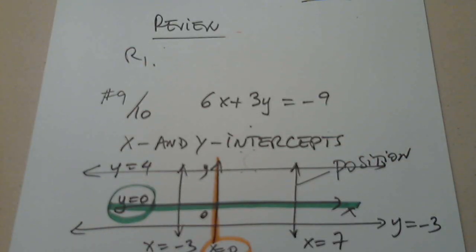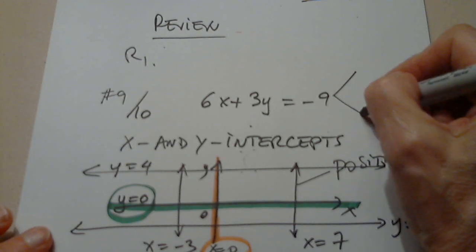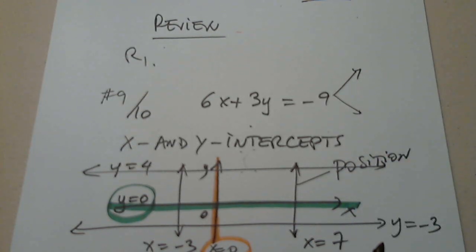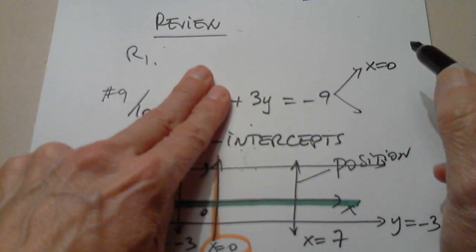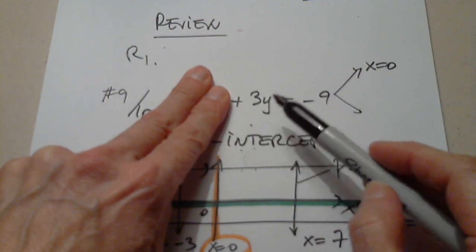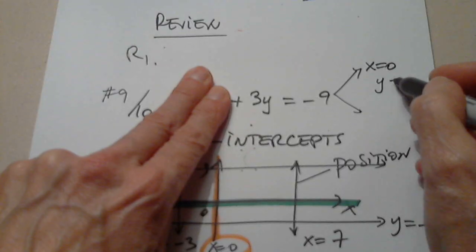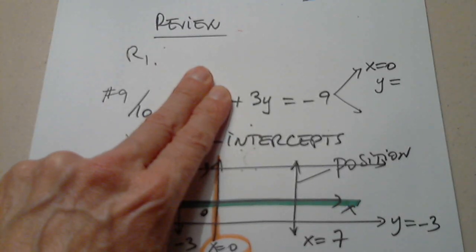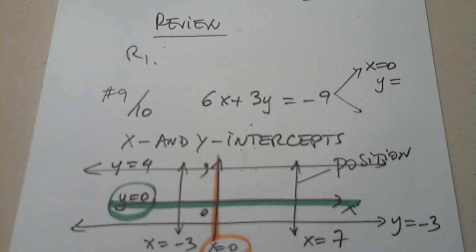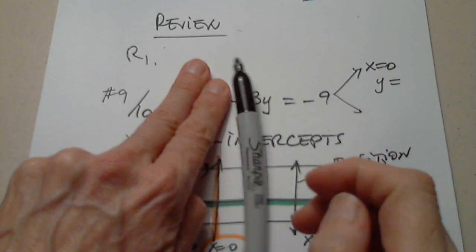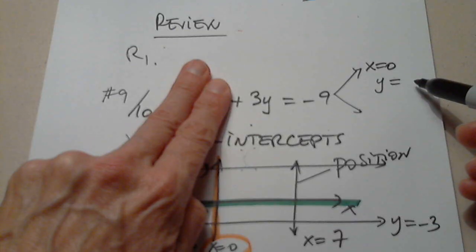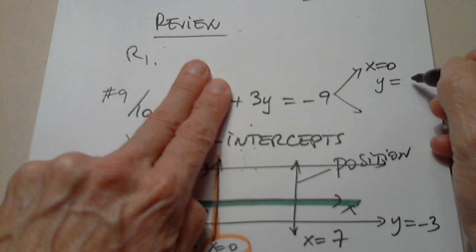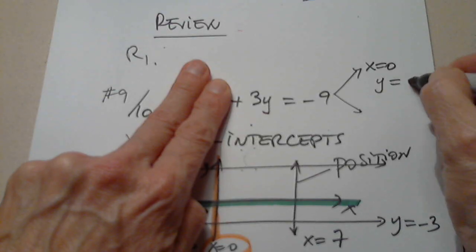So here, the simplest thing to do is set x equal to 0. Negative 3y equals negative 9. How much is y? As you notice, I just covered it because x is 0. And I have positive 3y equals negative 9. How much is y? Negative 3. That's it.